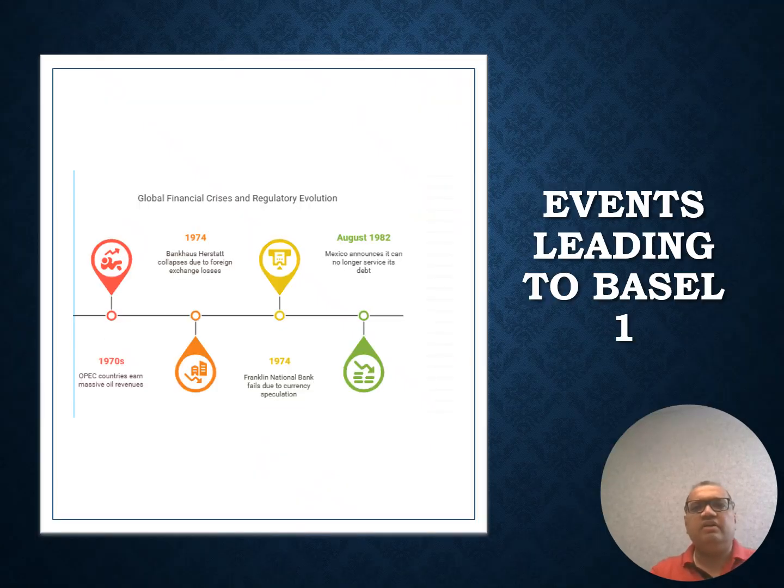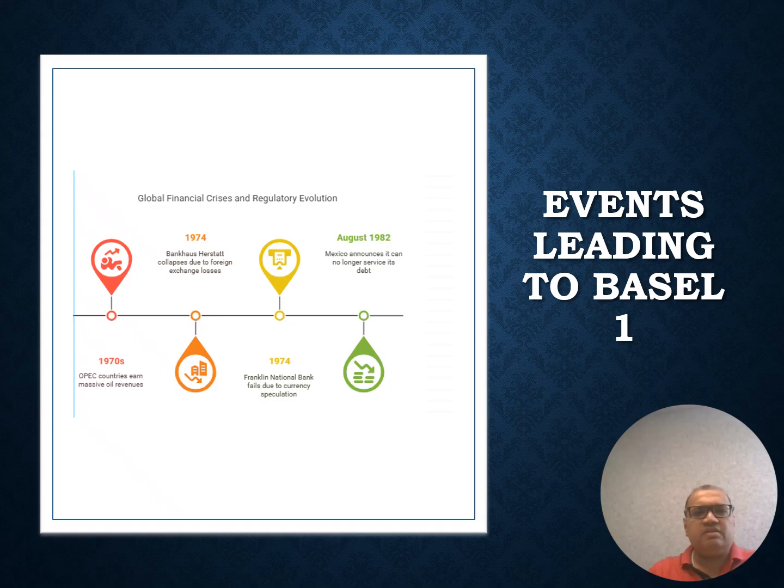First of all, the events leading to Basel I. What were those events that led to Basel I? During the 70s and 80s, there was a lot of cross-currency and cross-country lending taking place, and we had some major oil shocks in 1973.